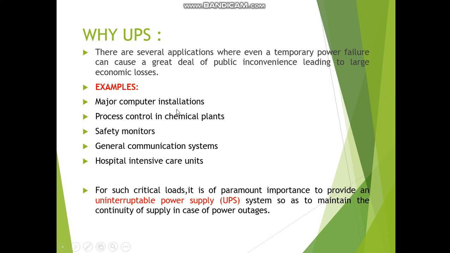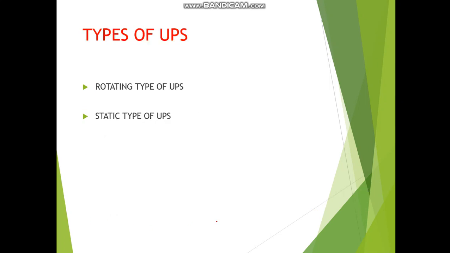Examples are major computer installations, process control in chemical plants and safety monitors, general communication systems, and hospital intensive care units. For such critical loads, it is of paramount importance to provide an uninterruptible power supply so as to maintain the continuity of the supply in case of power outages.